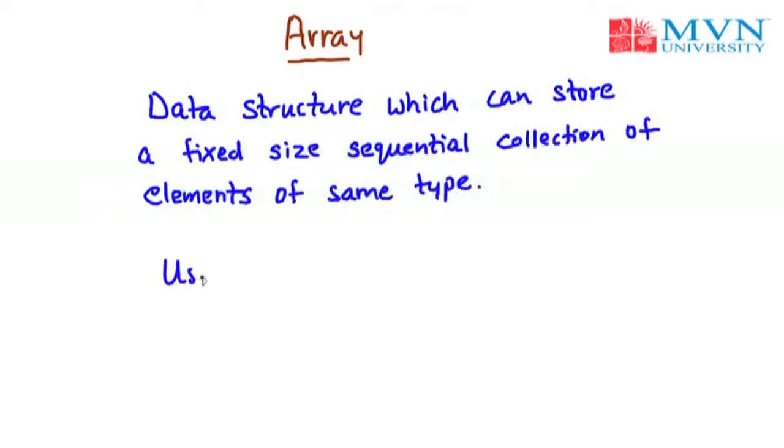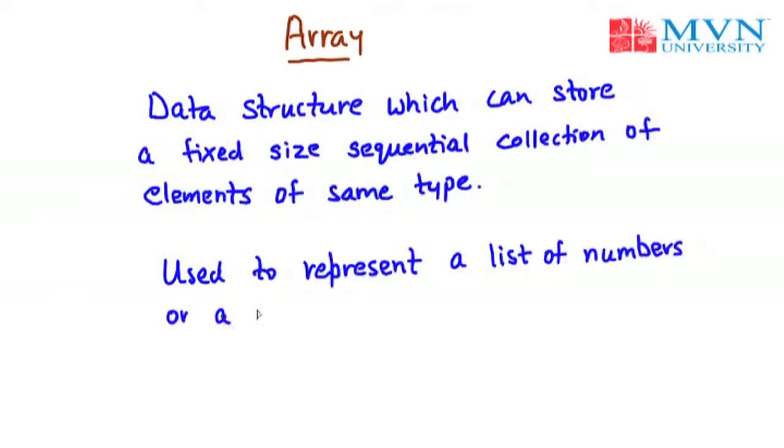We can say an array can be used to represent a list of numbers or a list of names. Means all elements which we are storing in an array should be of the same data type, either integer type, float type, or character type.